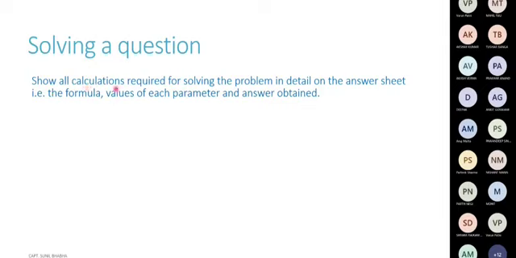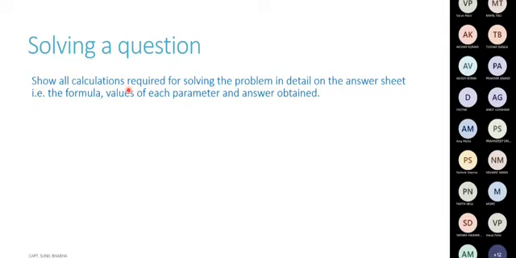Sometimes in haste, especially in exam conditions, people do these calculations on the calculator and straight away plot them on the chart. So the examiner may get confused about how you reached that conclusion. All the calculations which you are doing should be shown on your answer sheet.